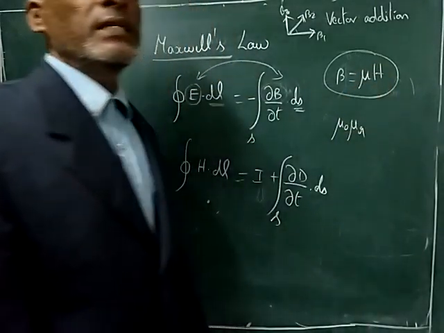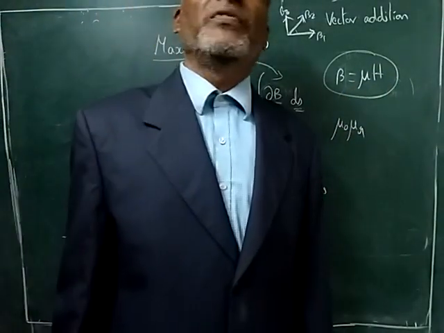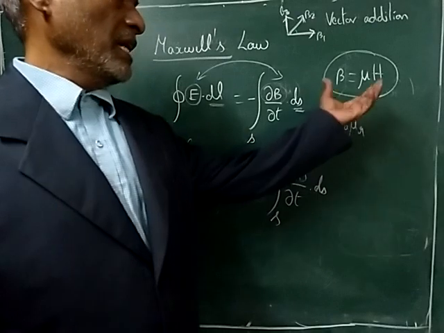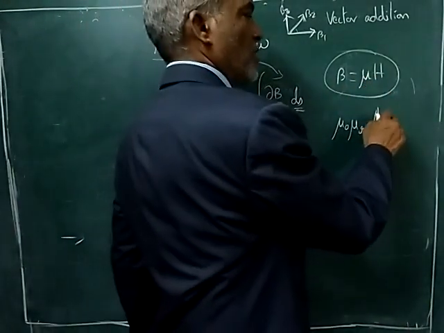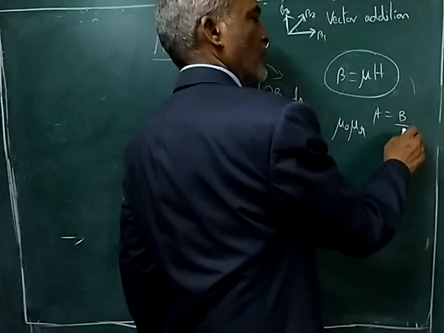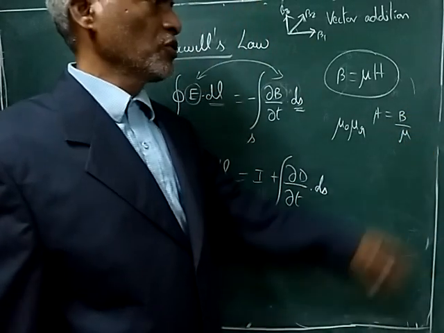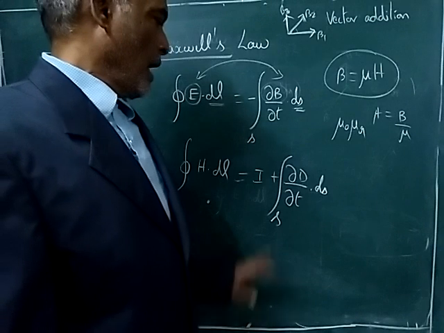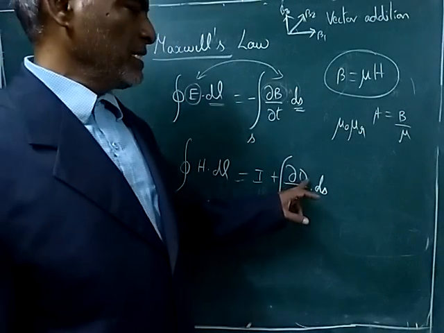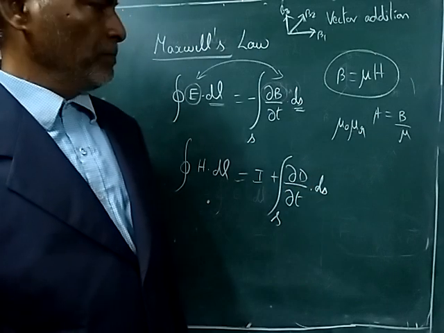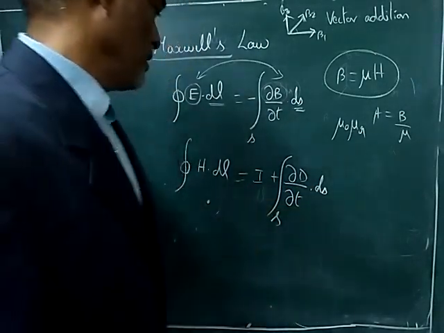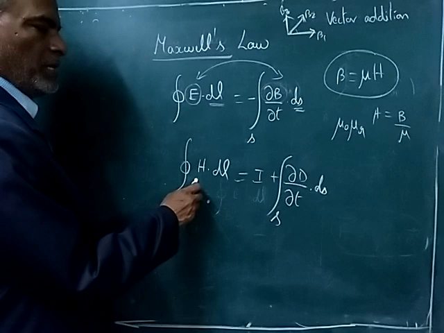And H is the magnetic field intensity. So we have a connection. Wherever you have H, you can replace it by H is equal to B by mu, and of course mu is going to be constant. I is the current, D is the electric flux density, coulomb per meter square. Now if you carefully see, this is a magnetic parameter, magnetic field.